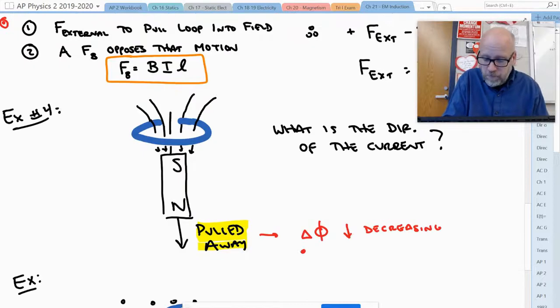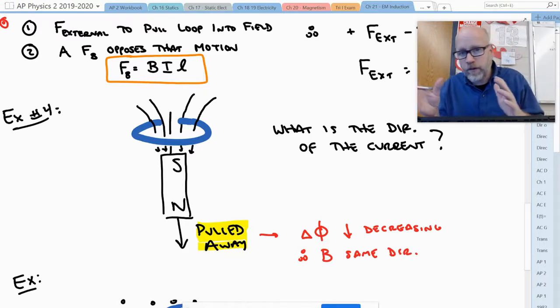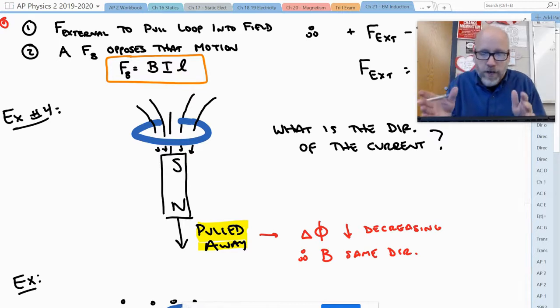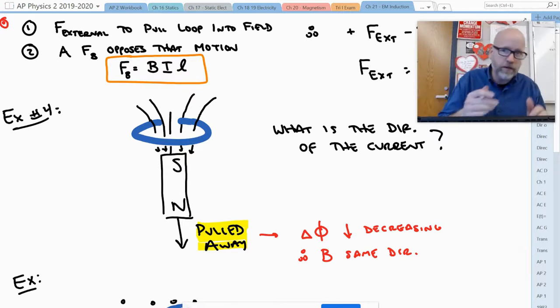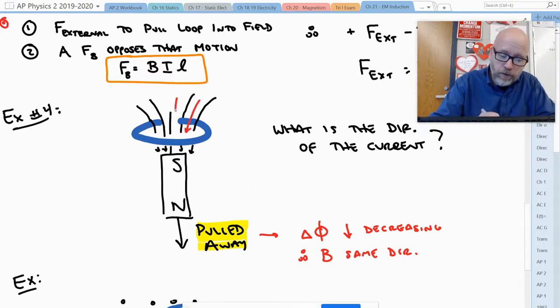Therefore, the B field is in the same direction, because Lenz's law says that the induced B field opposes the change in flux. So that induced B field is also going to be in the same direction.